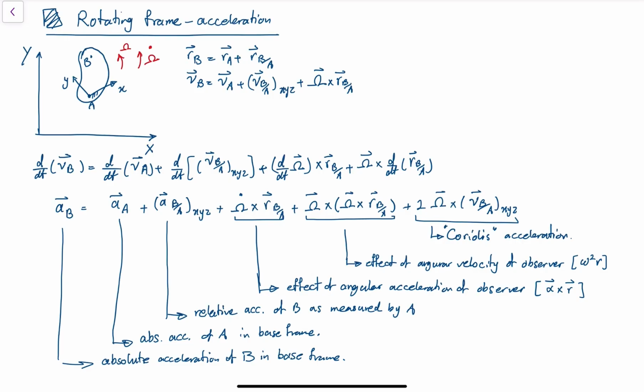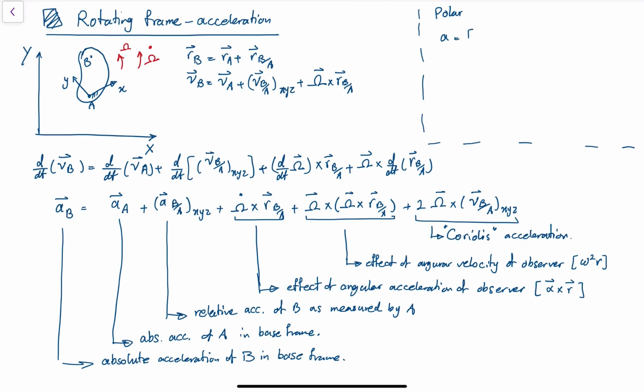And I'm really running out of space, but let me finish up here. And the point I want to make here is that none of it is really new. You had seen all of it before. Remember when we were talking about polar frame again? Polar frame. We had acceleration A in the polar frame, essentially this relative type.